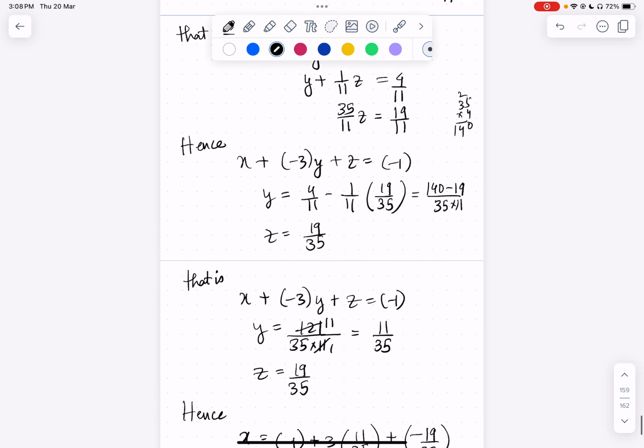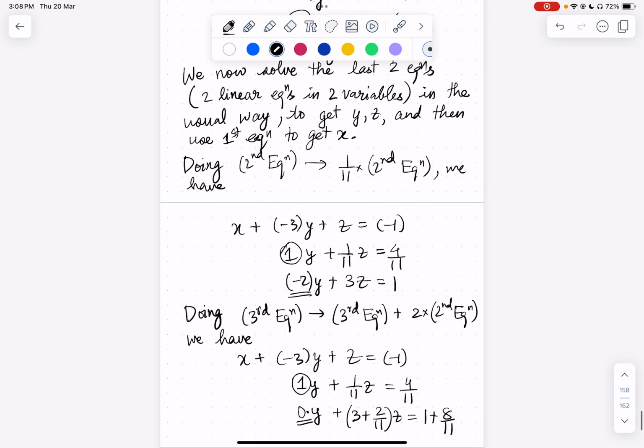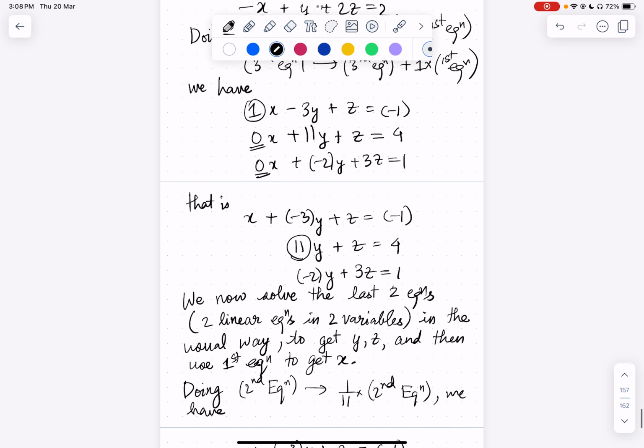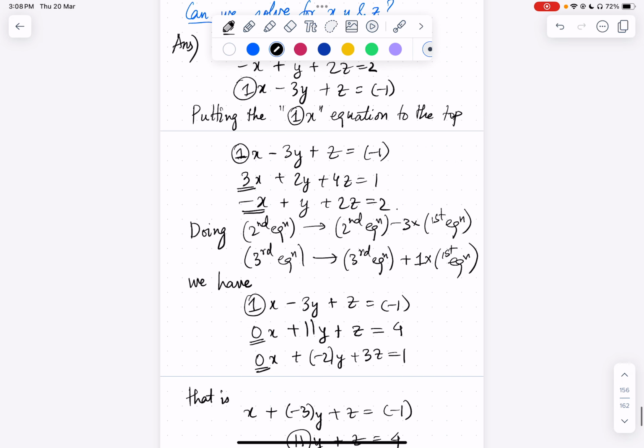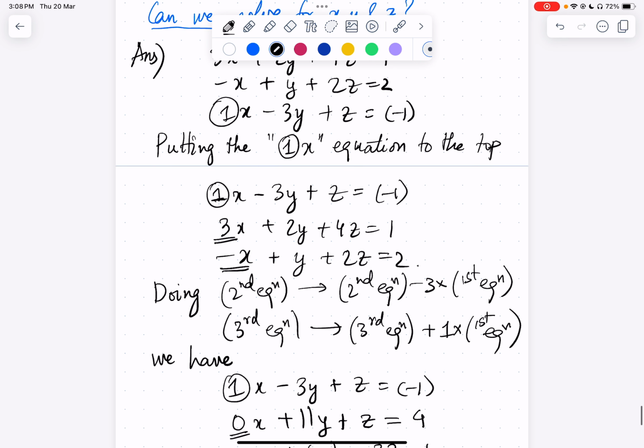So in general, this is the approach for solving any system of linear equations. We make use of a 1x like term. We create a 1x equation and use that equation to eliminate x's from the other equations.